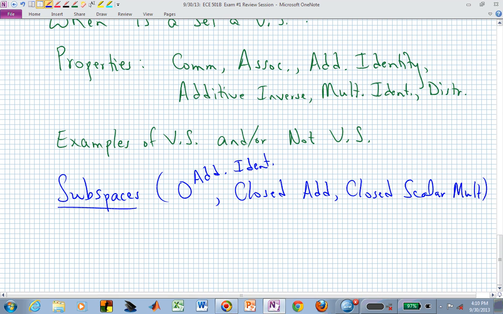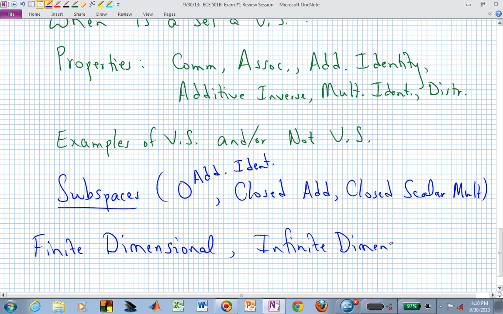In chapter 1, we've also talked about, or didn't restrict attention to just looking at finite dimensional vector spaces, and you should be able to work with both infinite dimensional vector spaces and finite dimensional.